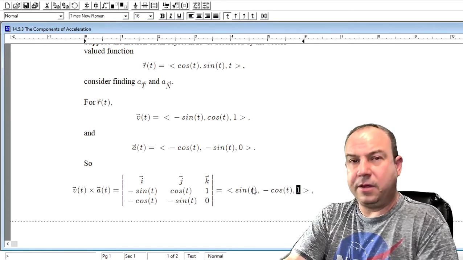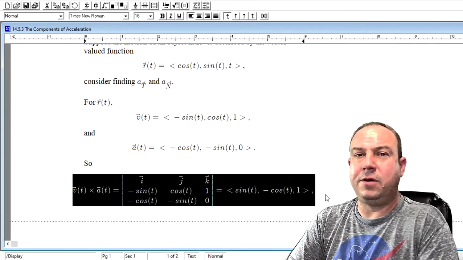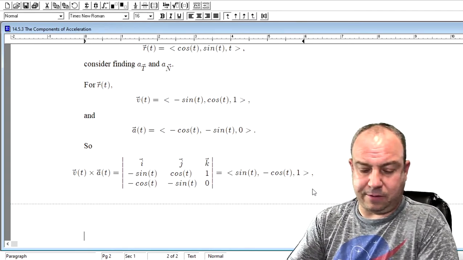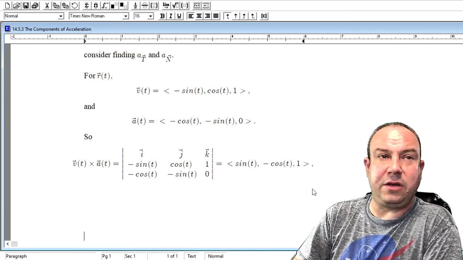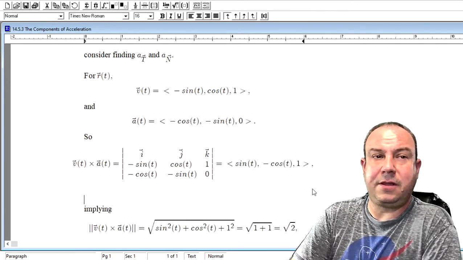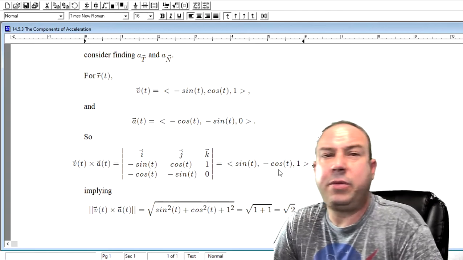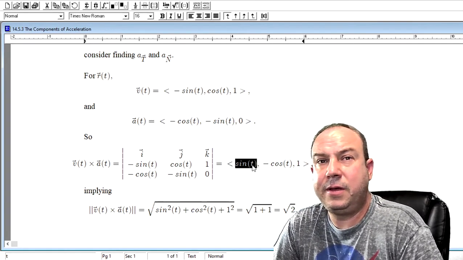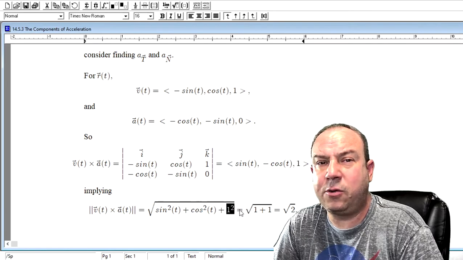Here's our cross product of the velocity with the acceleration vector. If we look at the magnitude, applying it comes from the square root of the sum of the components squared: sine squared t plus cosine squared t plus 1 squared.